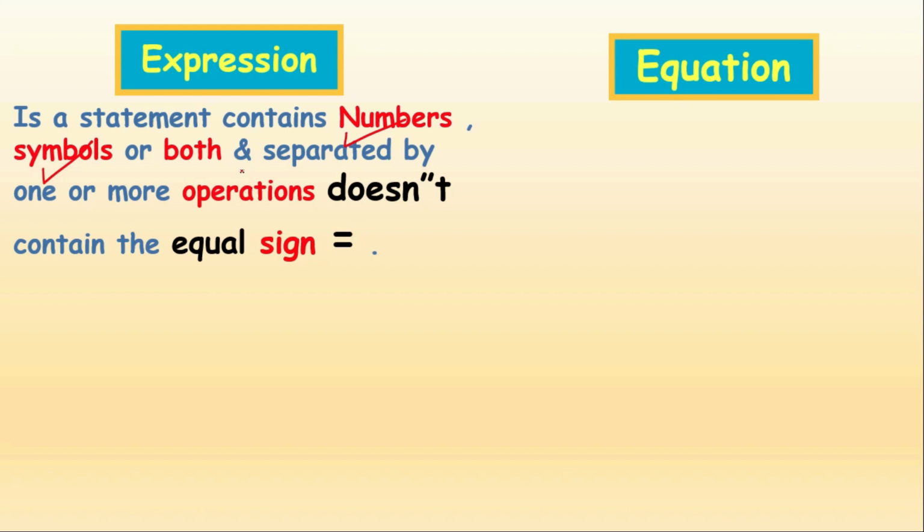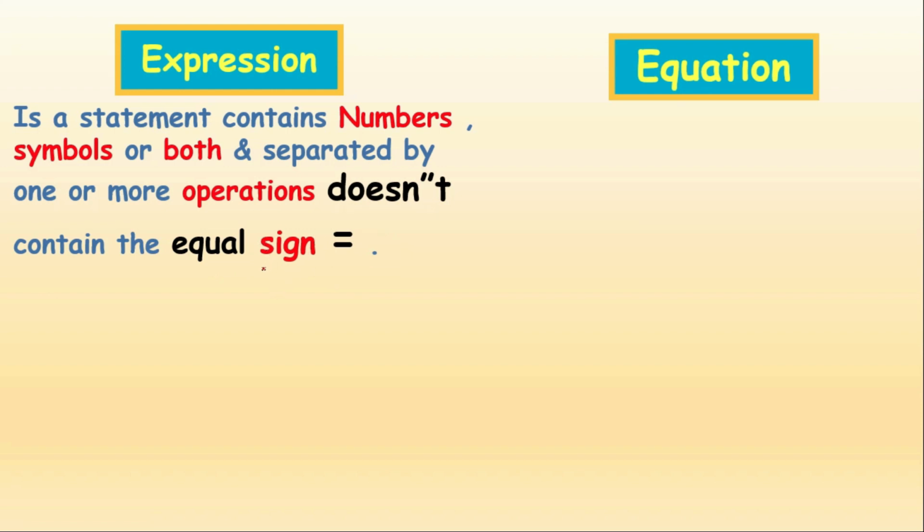Symbols means any letter: A, B, C, X, Y, Z, whatever. It also contains one or more operations, meaning plus or minus or multiply or division. But under one condition, which is very important to note: it doesn't contain an equal sign. You cannot find the sign of equal.